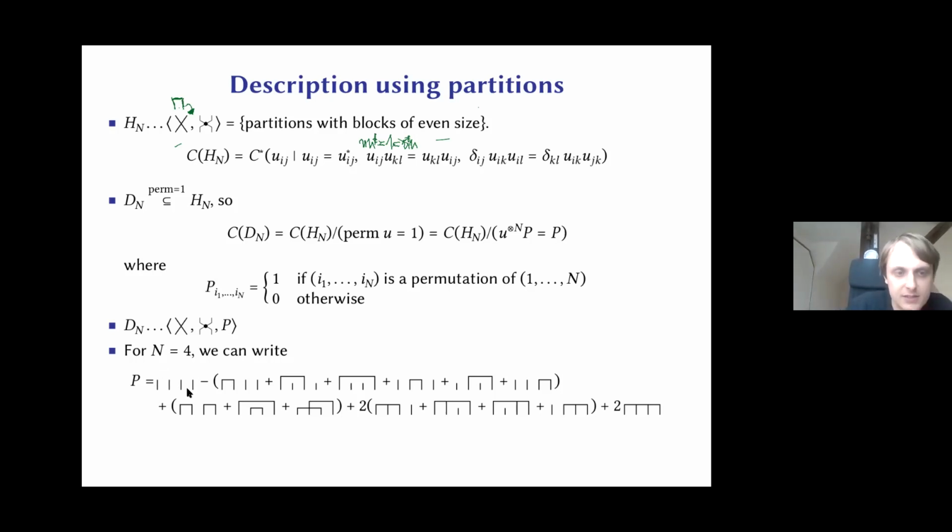Those are 4 singletons, so the associated tensor would be just 1 at all entries. But what we actually want is that if the first 2 indices are the same, then it is 0. So we subtract this partition, which is 1 if the first 2 are equal. And we also subtract this one and this one and this one and so on.